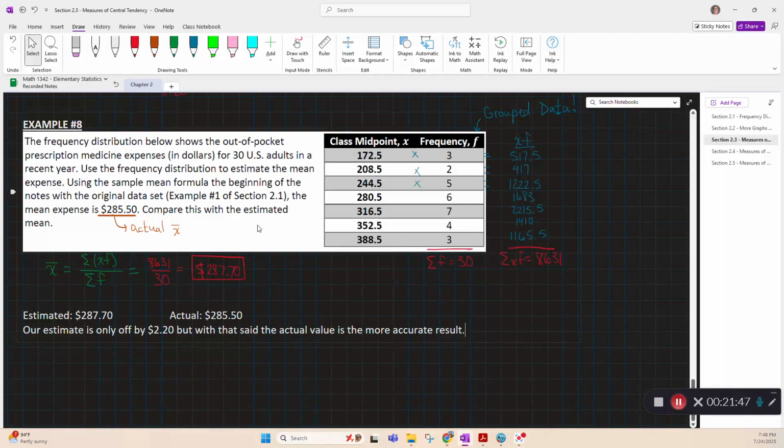Yes, I could flip back in my notes to 2.1, but just knowing this frequency distribution, I got darn close. I was only off by $2.20. So, yeah. Okay, so that's grouped mean and weighted mean. In the last video of 2.3, we're going to look at the shapes of distributions. Stay tuned.